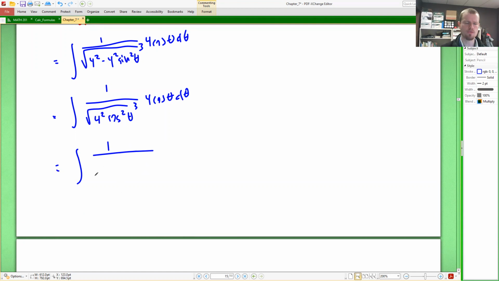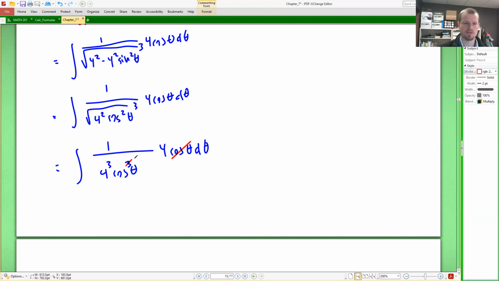So this is 1 over 4 cosine theta, but this is being cubed. So it's 4 cosine cubed theta times 4 cosine theta d theta.